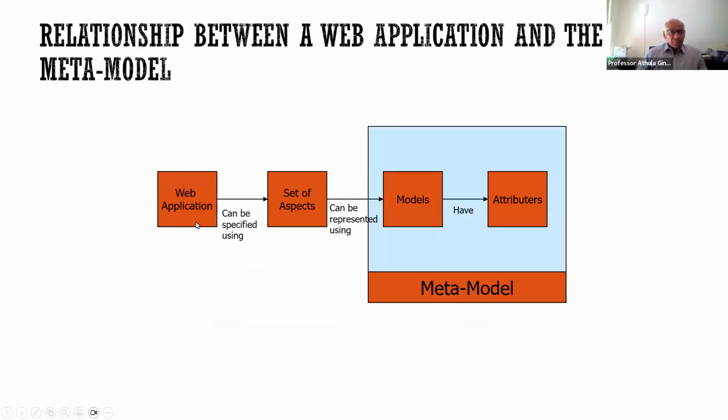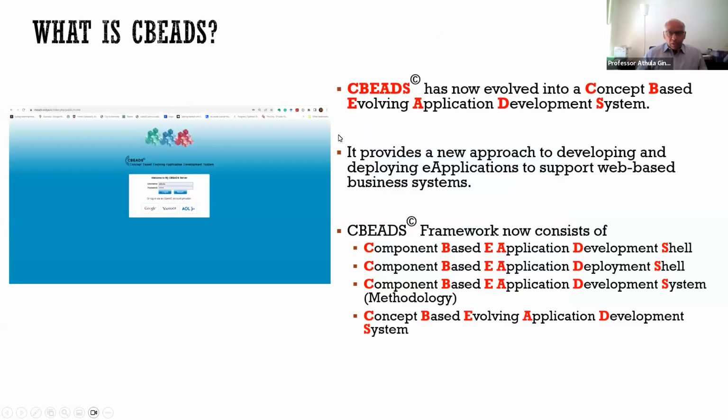So in other words, a web application or software application has a set of aspects, and those aspects can be converted into models and attributes. Once we create the models, by having different attributes, we can generate different applications. Now, this particular one we took further, and we created a framework called CBEADS.